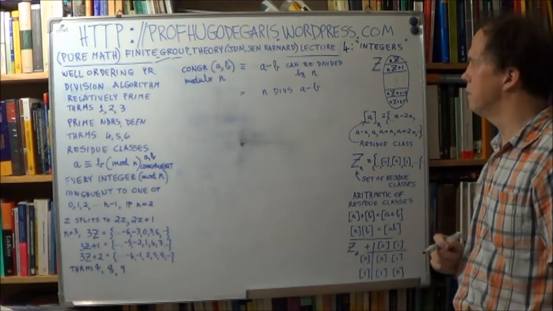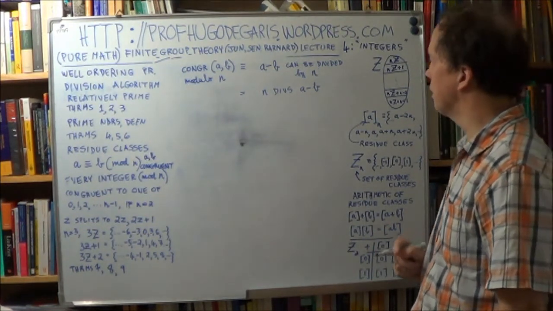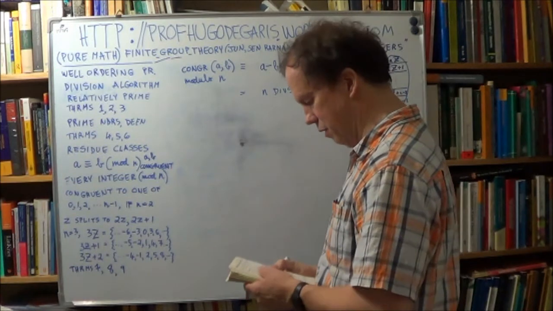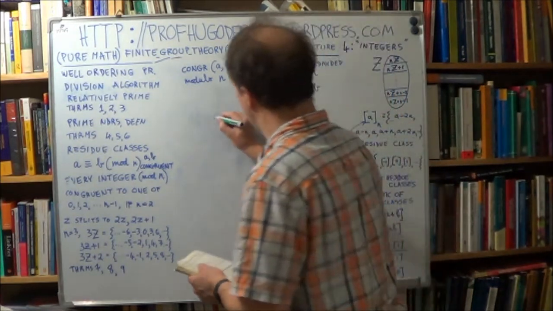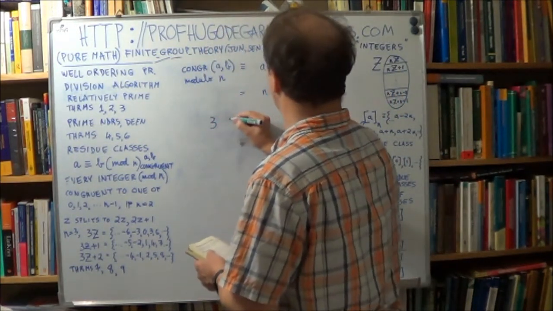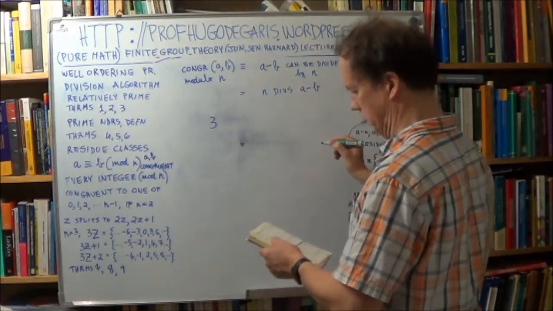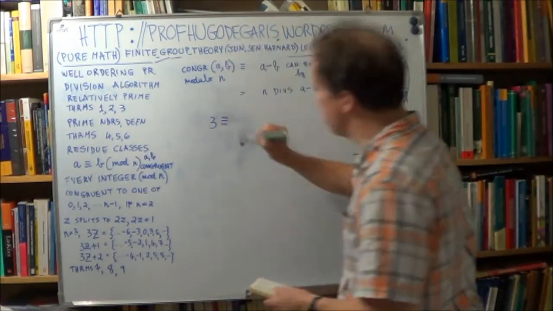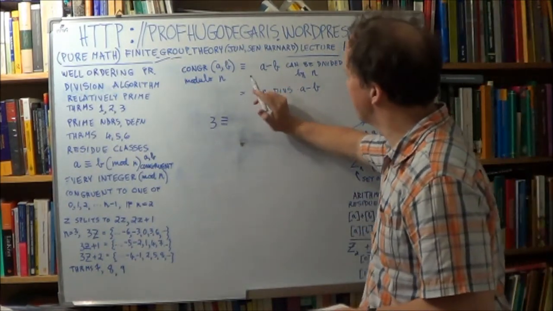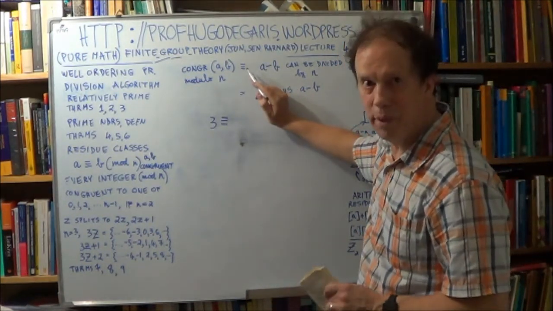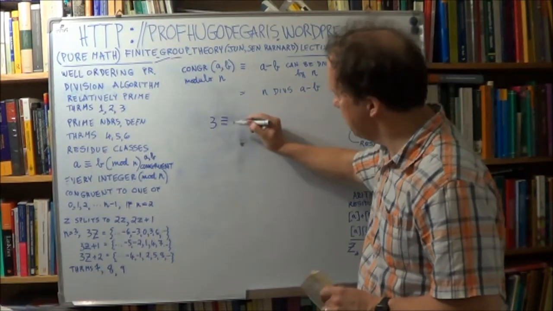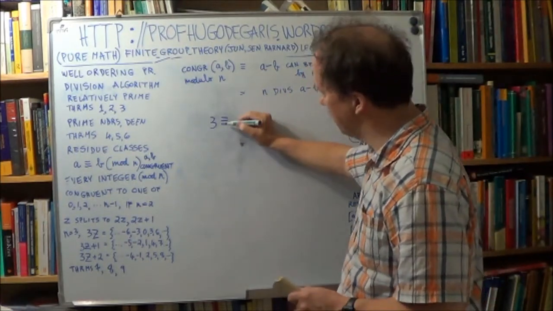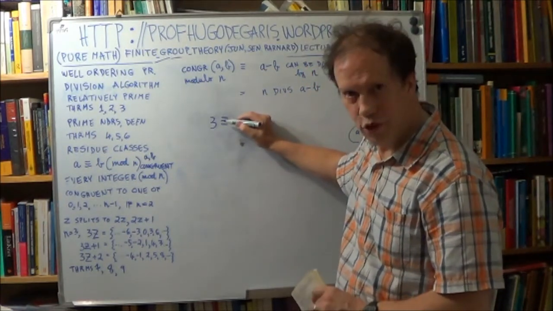Okay, now, so what? So let's do some examples. Question 3. Now the textbook author uses, now I use 3 bars to mean, by definition. He uses 3 bars to mean is congruent to.